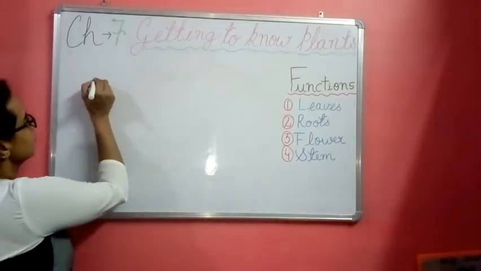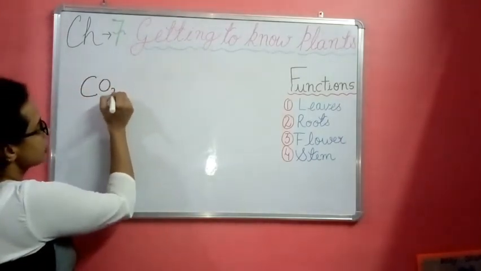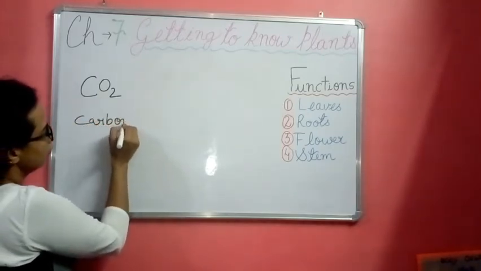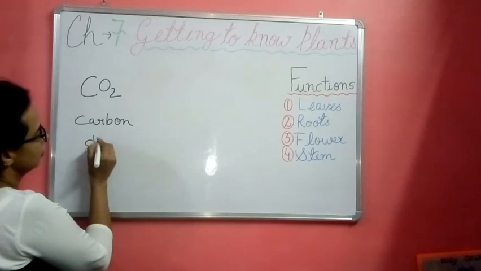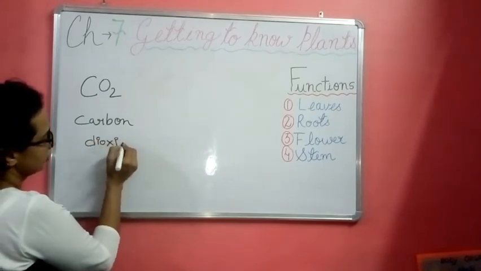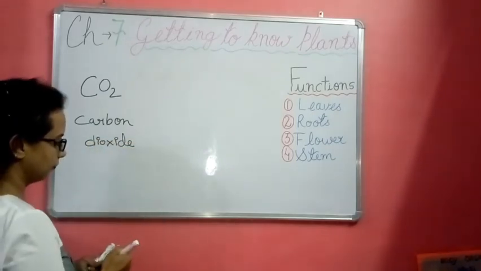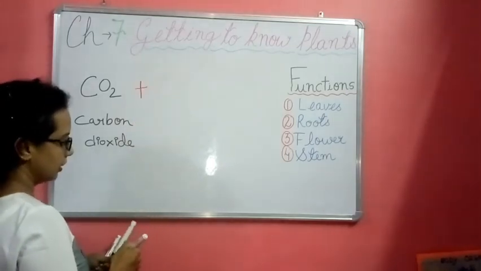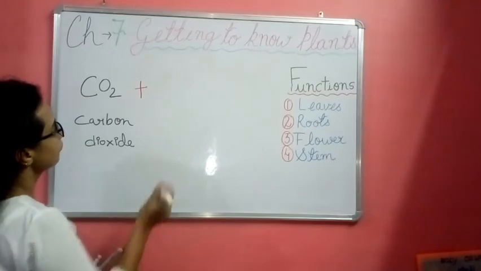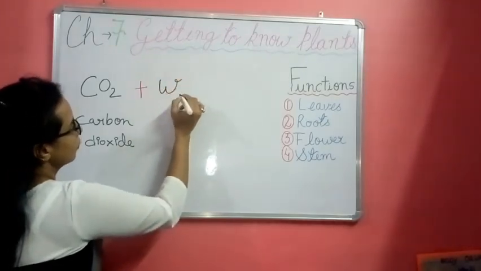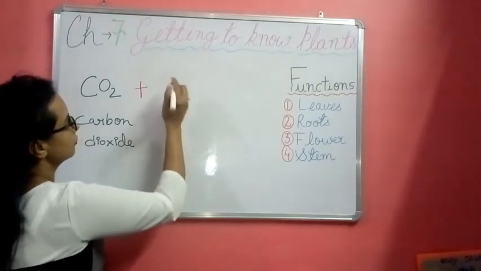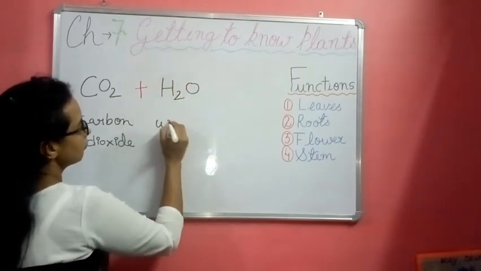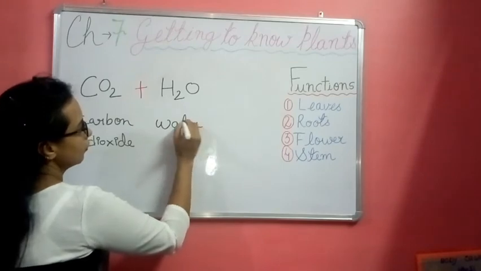First the plant needs carbon dioxide. Here I'm writing the name carbon dioxide. Second is needed H2O, that is water.